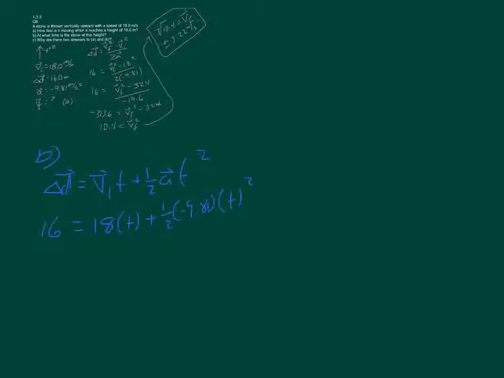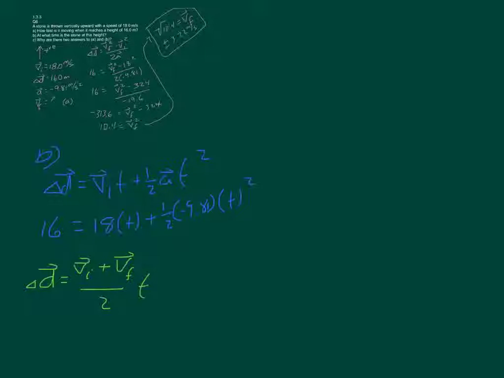Instead, let's use the VF from part A to find t. And we can say that D is VI plus VF all over 2 times t.